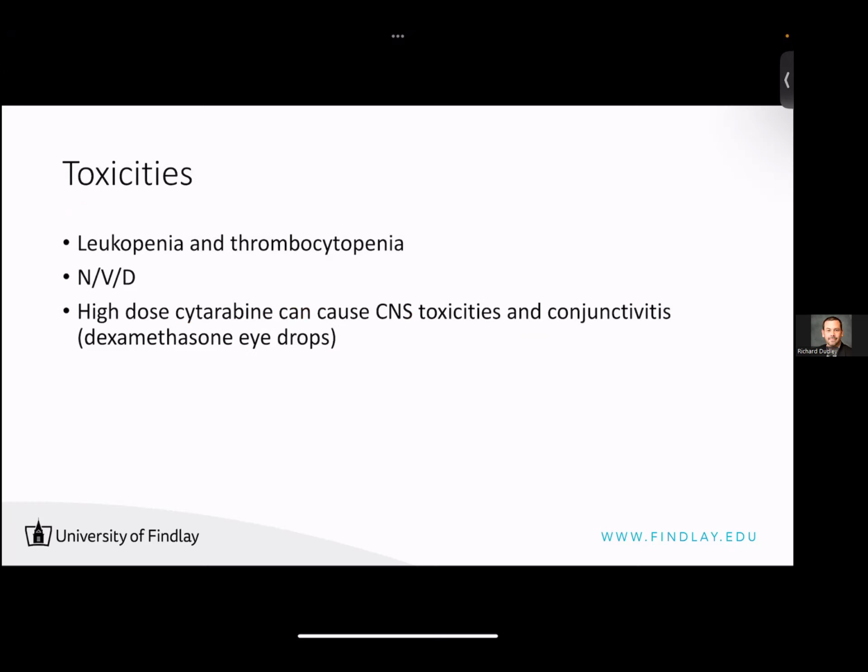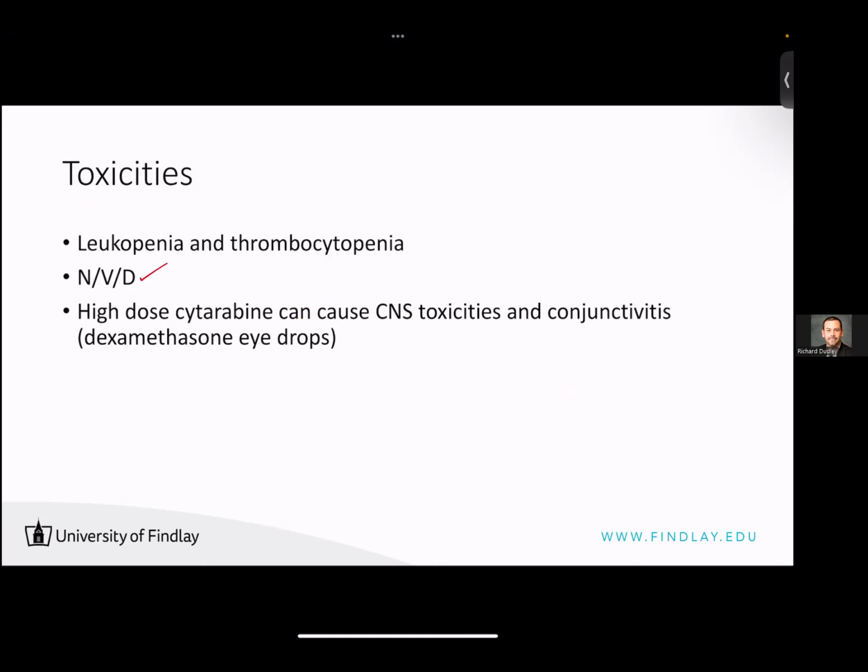Toxicities. Where would we be without these toxicities? So these nucleoside analogs, these purine and pyrimidine derivatives, all can cause some type of leukopenia, thrombocytopenia, and other bone marrow toxicities. Not surprising. Nausea, vomiting, diarrhea. Again, not surprising. So those are the common toxicities associated with these nucleoside pyrimidine and purine analogs.